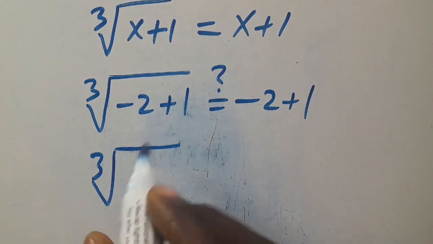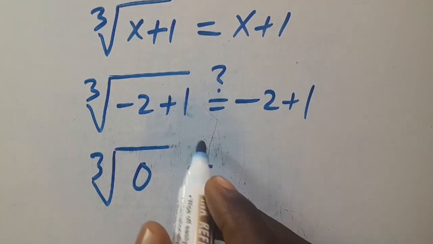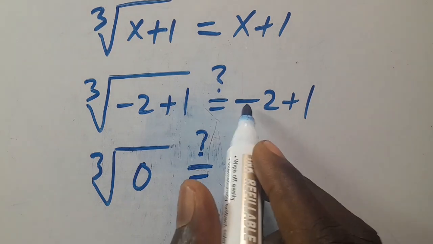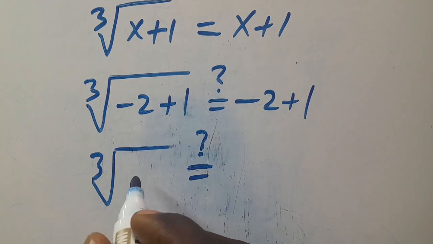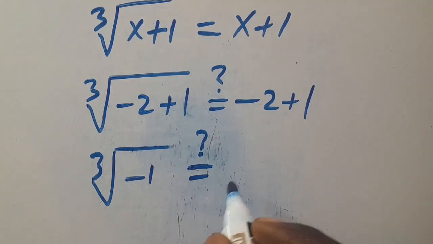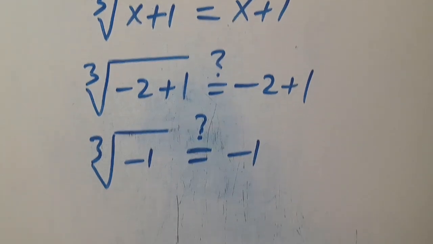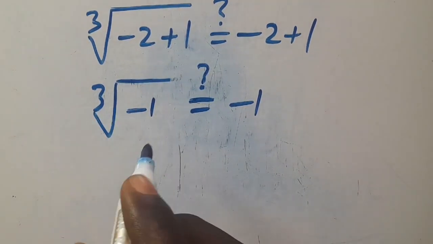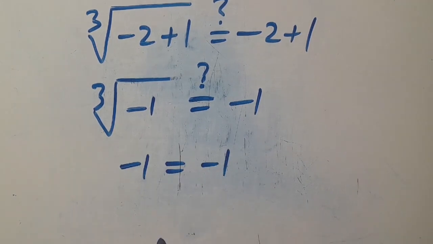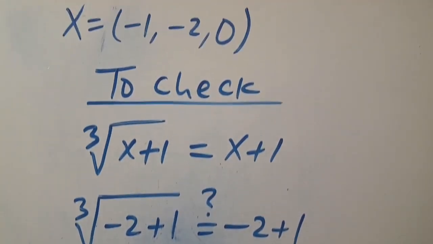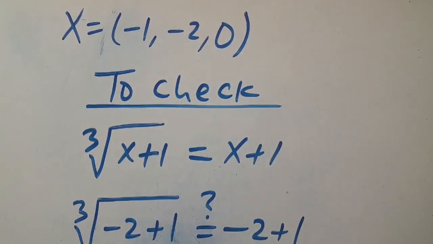Minus 2 plus 1 will give you, sorry, minus 1. Here will also be minus 1. Now the cube root of this will still be minus 1, equals minus 1. So x equals minus 2 is also correct.